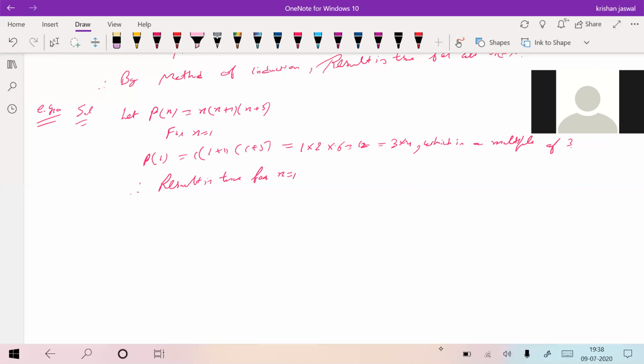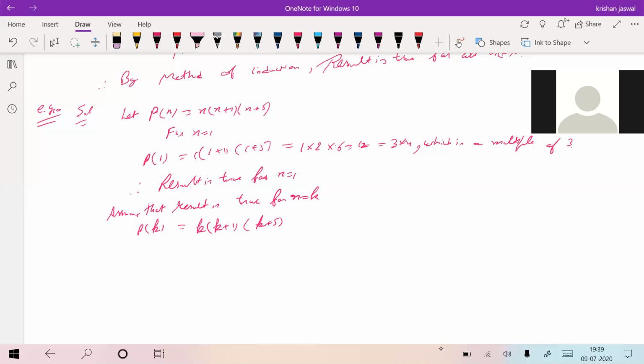Now assume that the result is true for n is equal to k. Therefore, Pk is equal to k into k plus 1 into k plus 5.